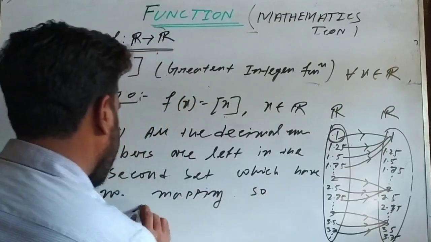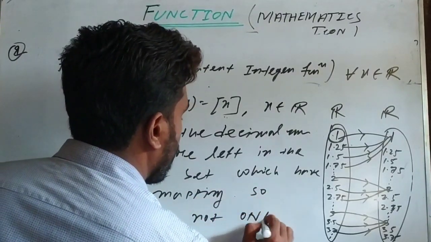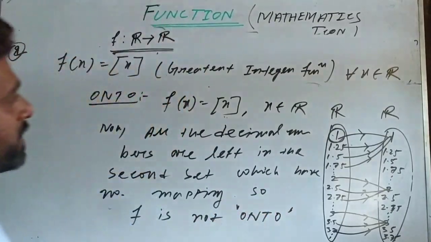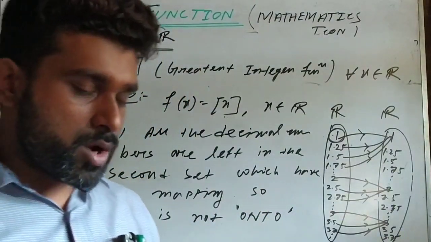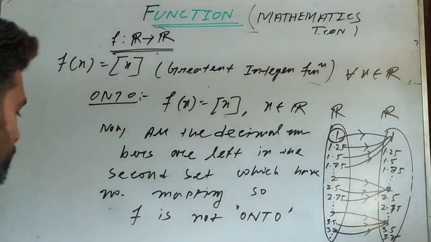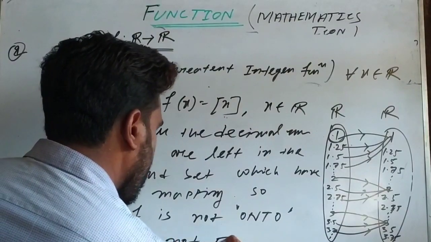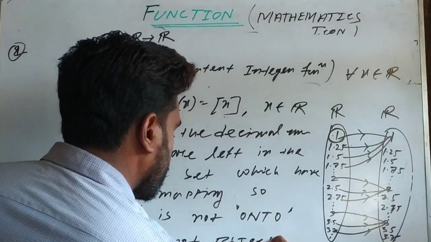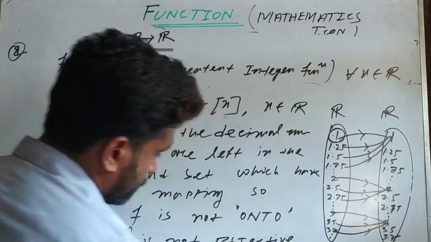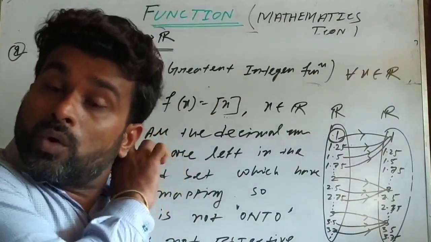So f is not on top. So here you can see f is not on 1, f is not on 2. That means what? F is not bijective. So f is not bijective.